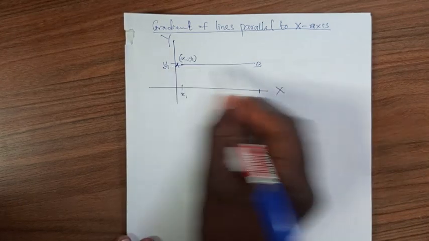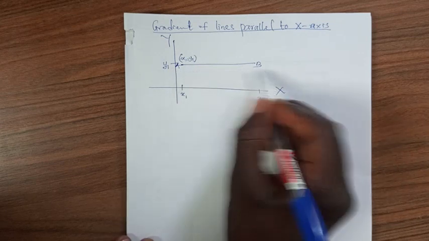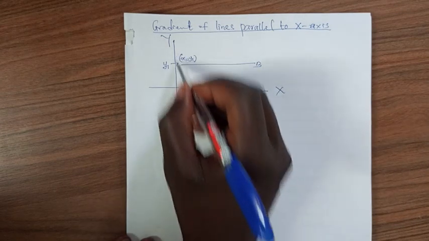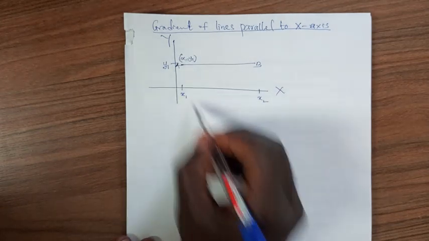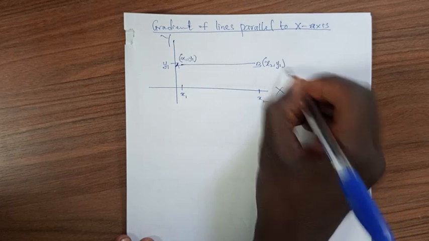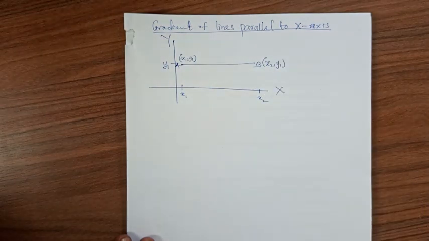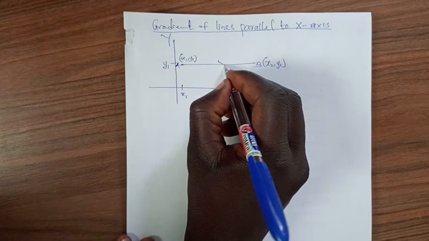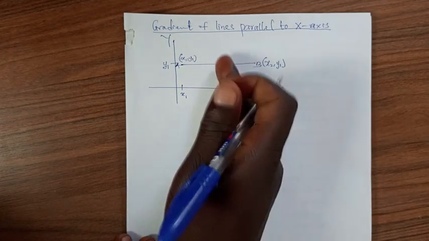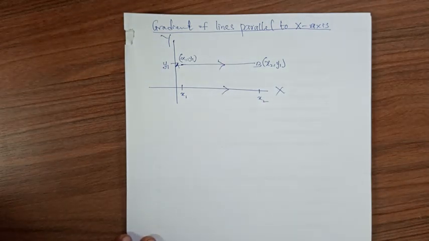But there is no change in y. Y is always fixed because the line is parallel to the x-axis. There is no chance of y to increase. Therefore, here is x2, y1 as well. So this line is parallel to the x-axis, and this is how we denote parallel lines.